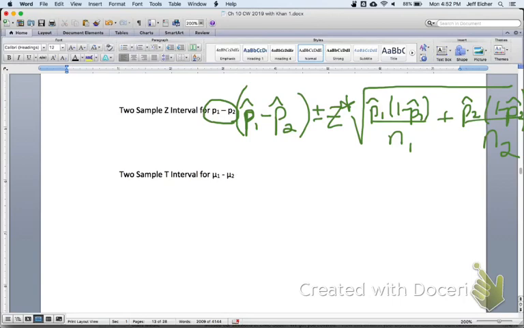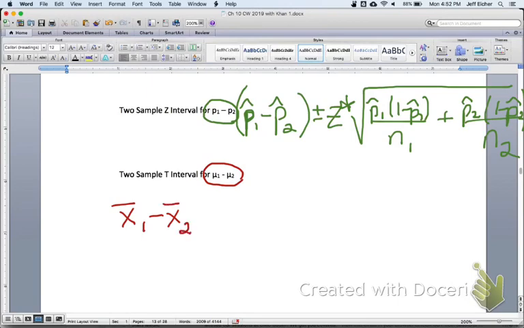The last interval that we'll look at in this chapter is a 2-sample T interval for a difference in means. We'd like to estimate the difference in population means. The statistic that we would use would be x bar 1 minus x bar 2.